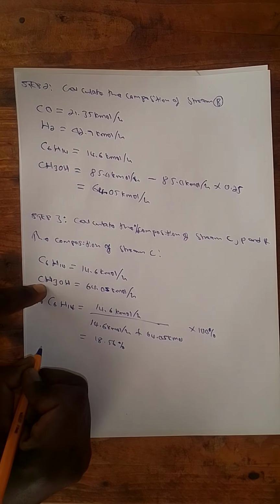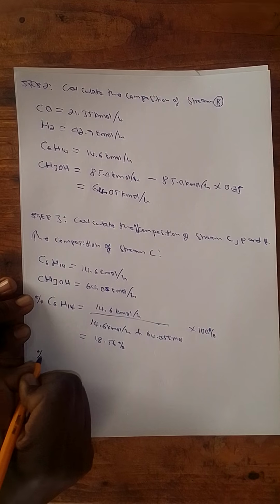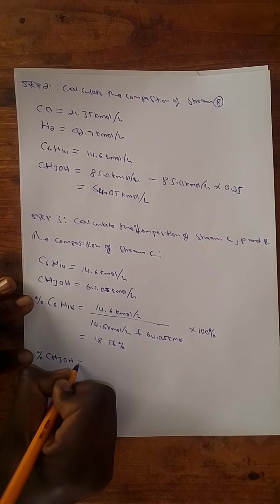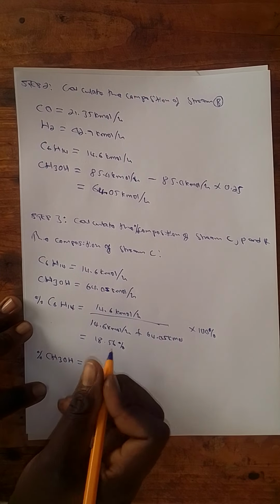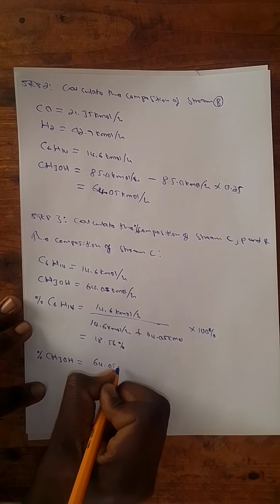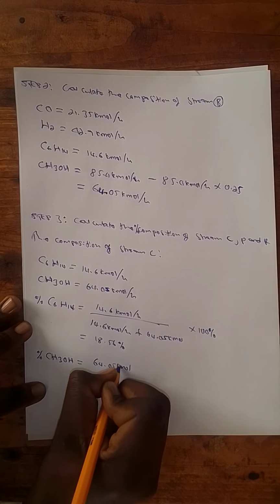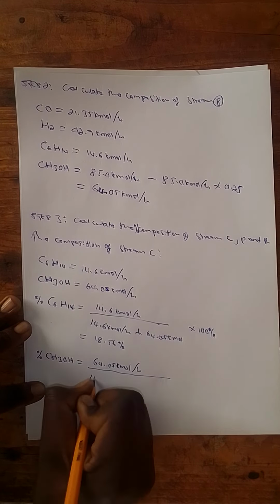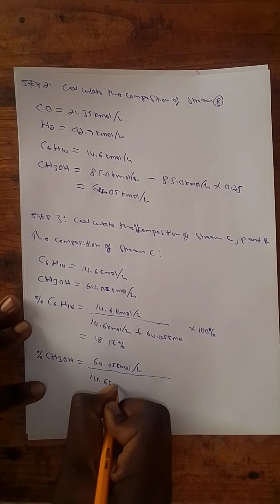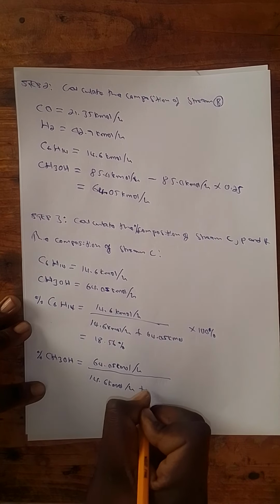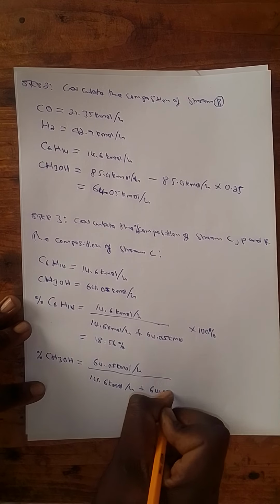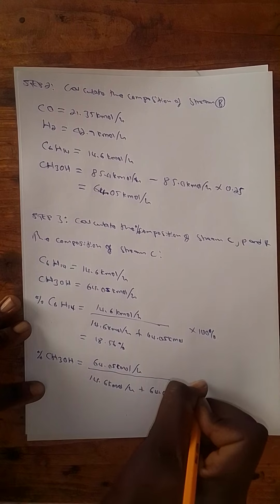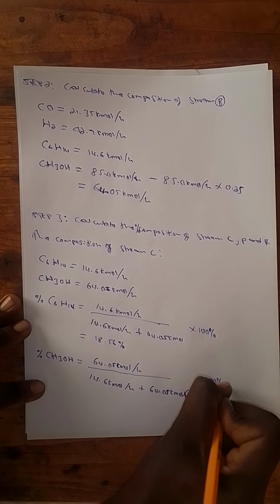And we go do the same for the CH3OH. So we say percentage CH3OH is equal to 64.05 kilomole per hour all over 14.6 kilomole per hour plus 64.05 kilomole per hour multiplied by 100%.